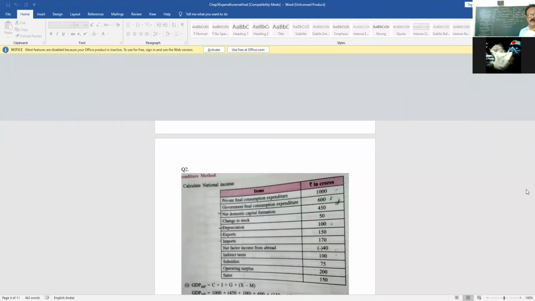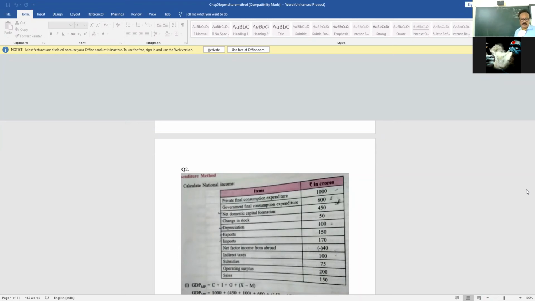Calculate national income by expenditure method. Meanwhile, I will wipe out the board.